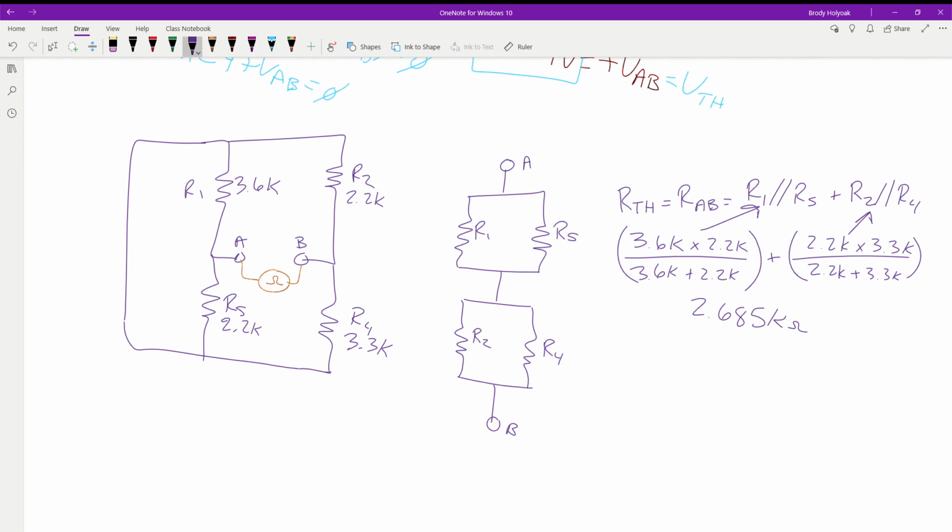Because you got to remember, a piece of wire has 0 ohms of resistance, and that's essentially what we've done, is we've connected everything to each other with as minimal connections as possible. That's the other thing. Because the other one we had, I think, what was it? 1, 2, 6 connections, and this one gives us 5 nodes or something like that. Plus, find the way that makes it look easier to you.